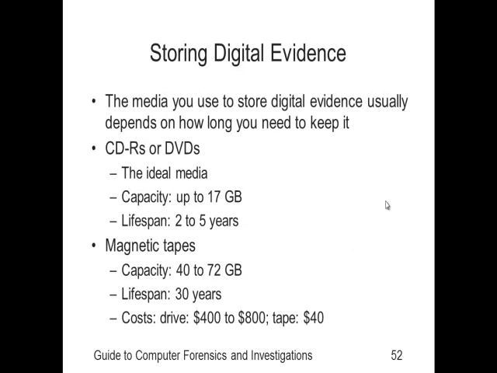Storing digital evidence. The media you use to store digital evidence usually depends on how long you need to keep it. Ideal media for storing digital evidence are CDRs or DVDs. You can also store your digital evidence on magnetic tape.